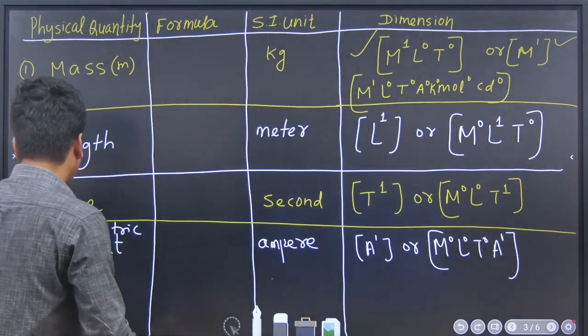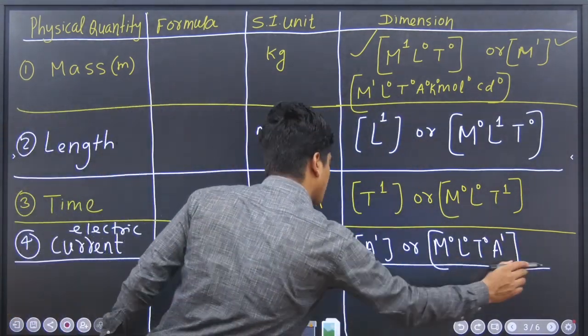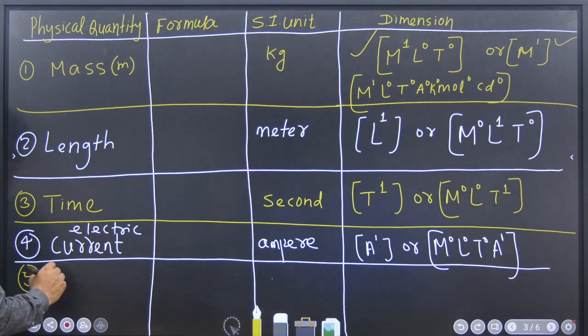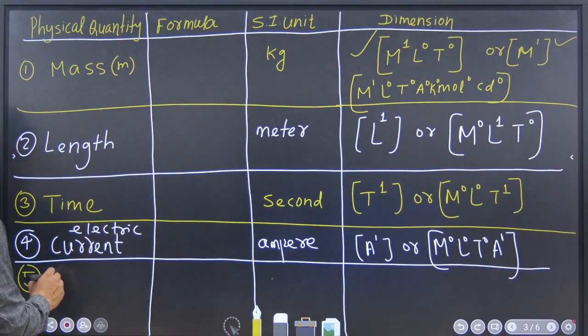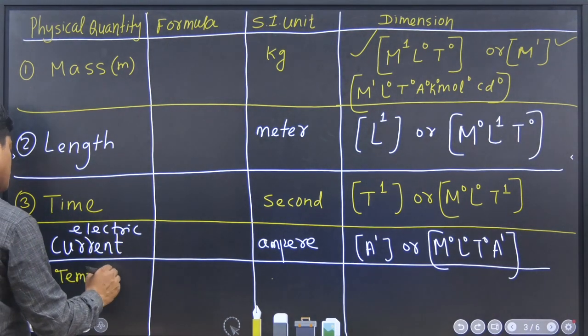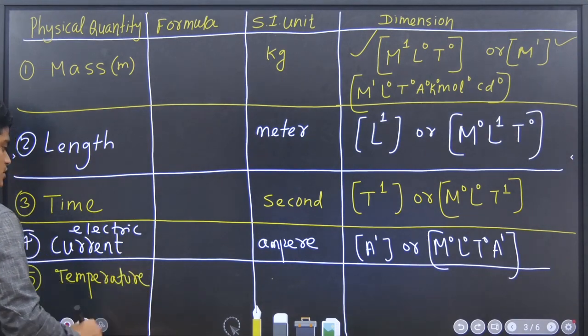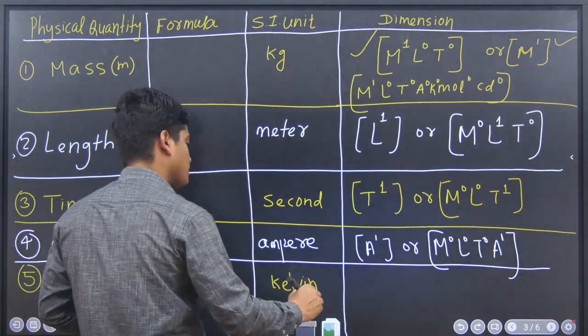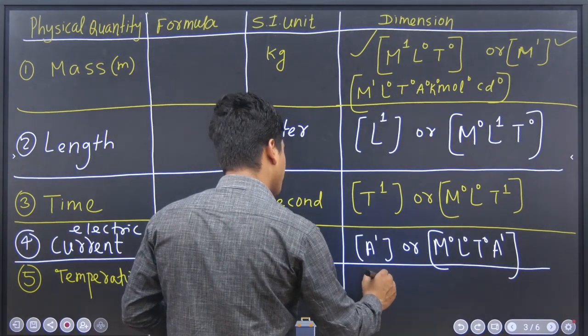Now the next fundamental quantity, the fifth one, is temperature. For temperature you can write the unit Kelvin, and it will be K to the power 1.